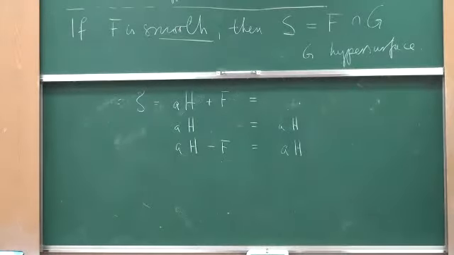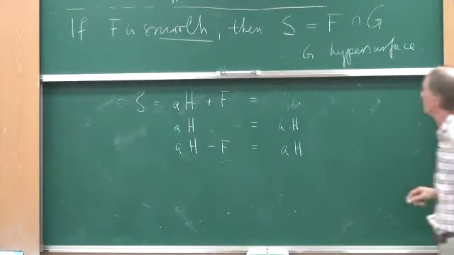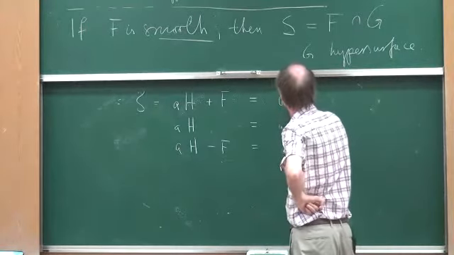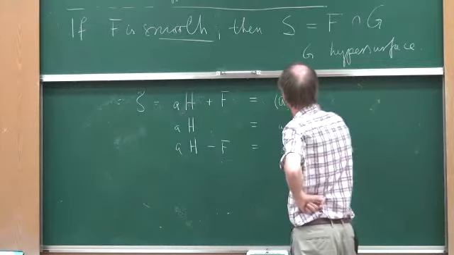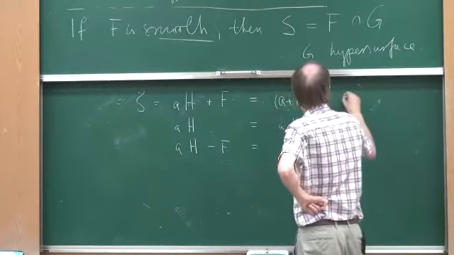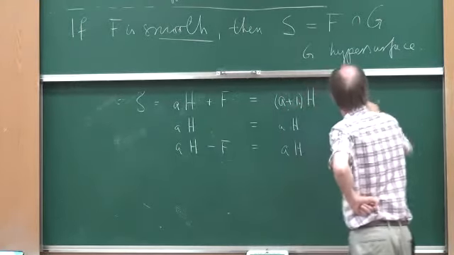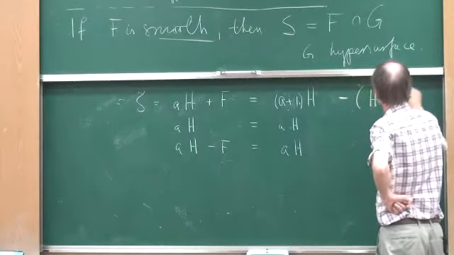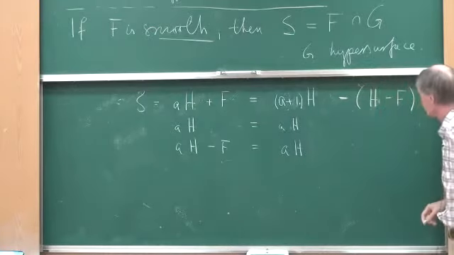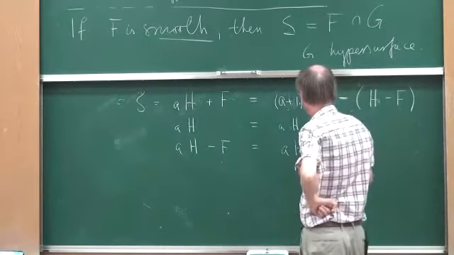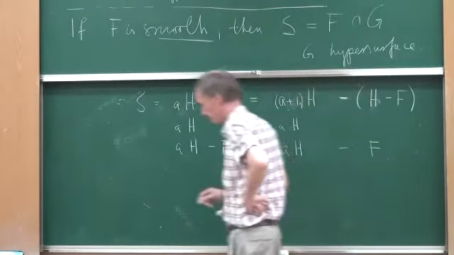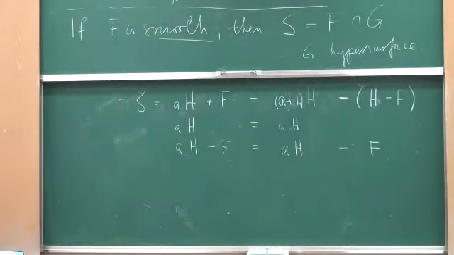So let me see, how do I want to say this? I want to say A plus 1 times H and then minus H minus F. And here I have H and then minus F. So these are the three possibilities.